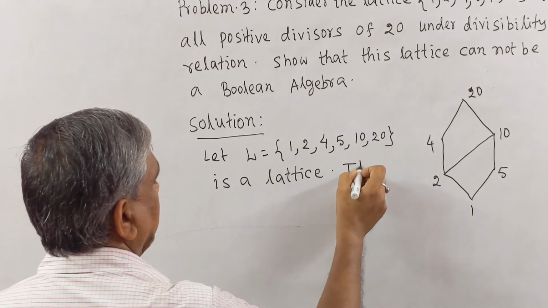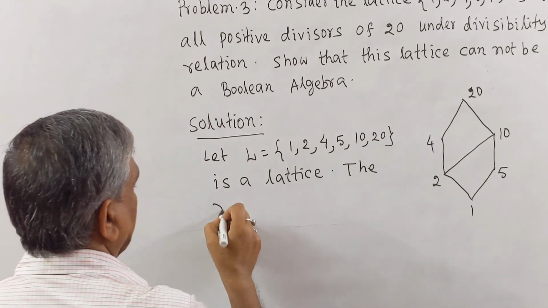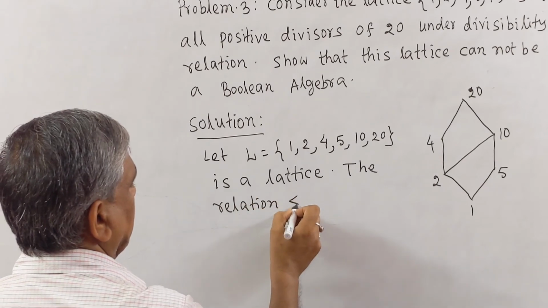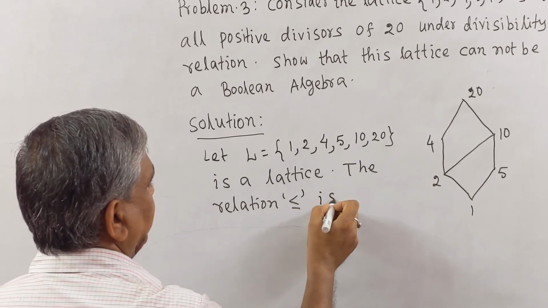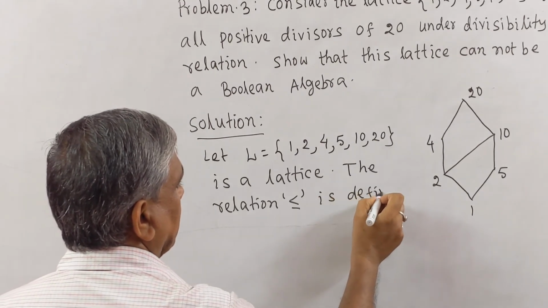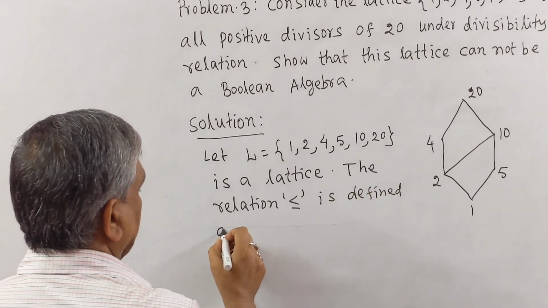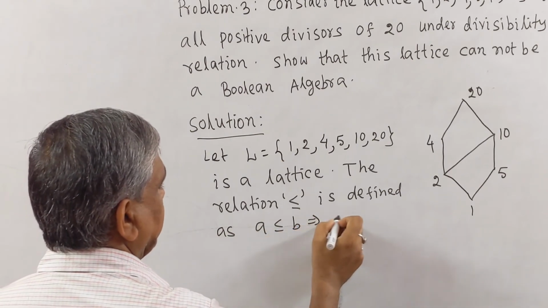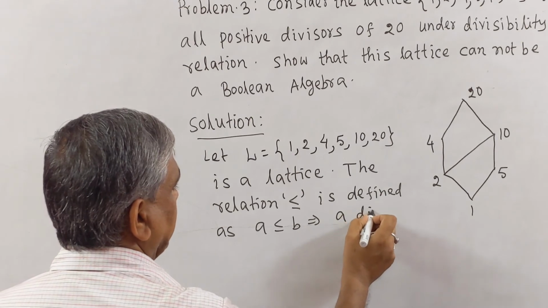The relation is defined as A is related to B implies that A divides B.